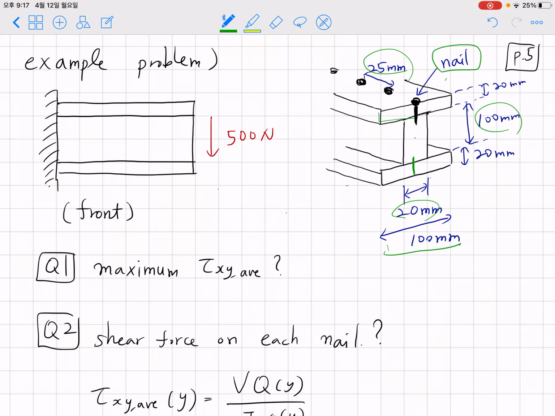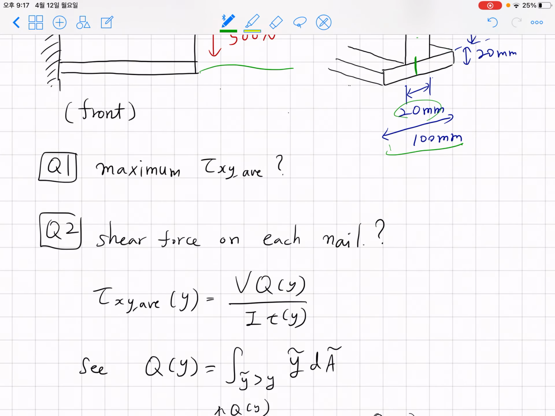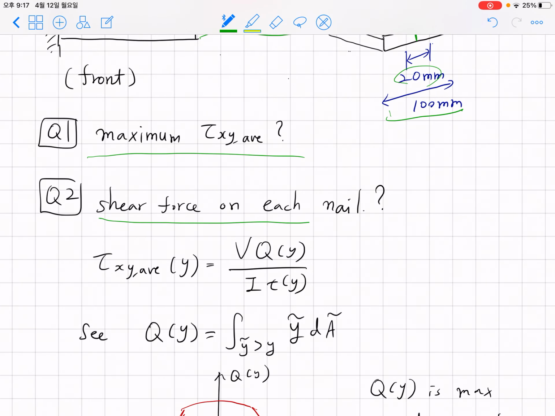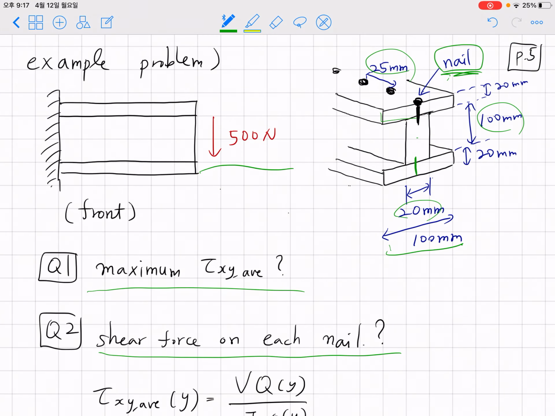They are connected through the nails, and the beam is under a 500 newton point force at the right end. Now, this problem asks what will be the maximum tau xy average out of the shear force 500 newton. And the second question is asking what is the shear force on each nail.